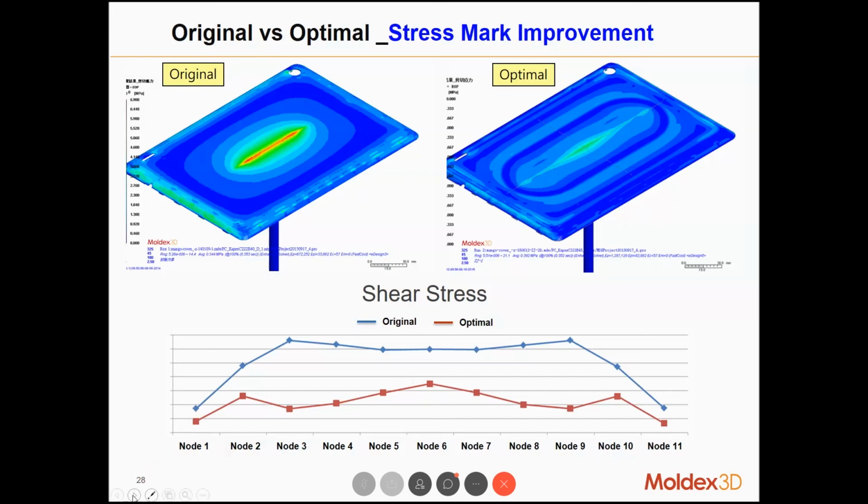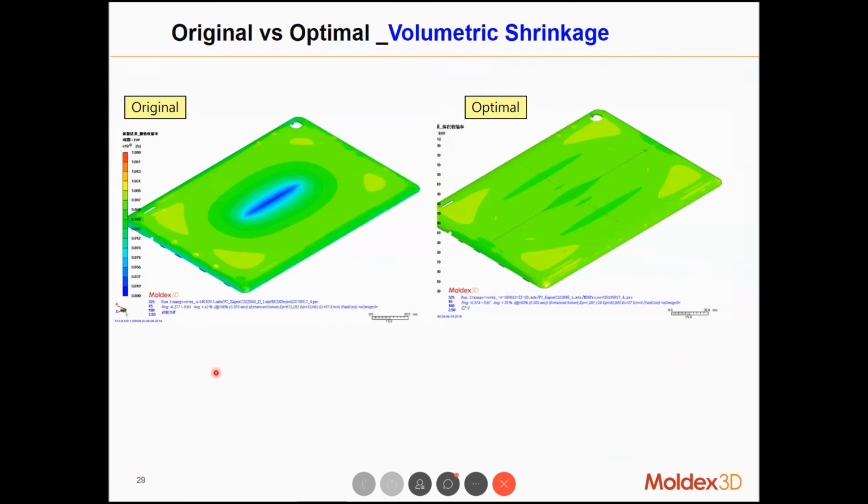Okay. And in the next one, we can see the volumetric shrinkage. It was quite high at the very beginning because it was not evenly distributed in the original design, but it's much more evenly distributed in the optimal design.